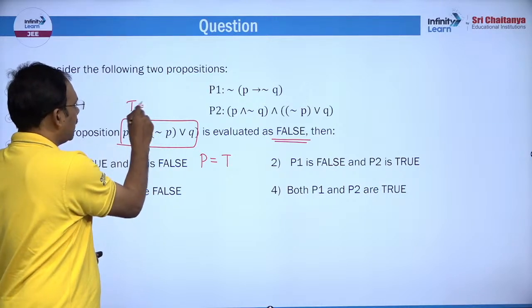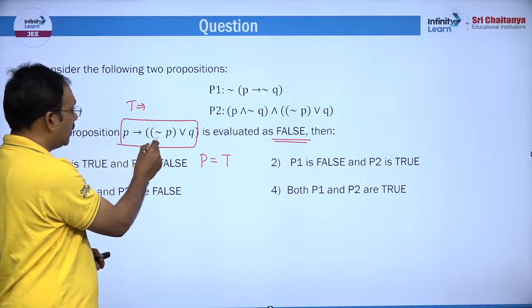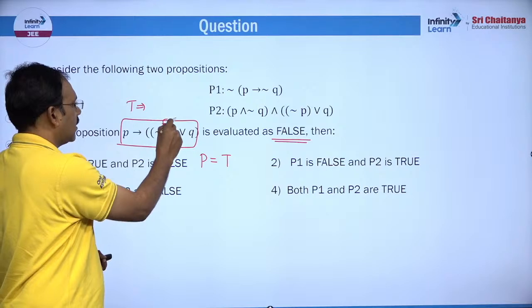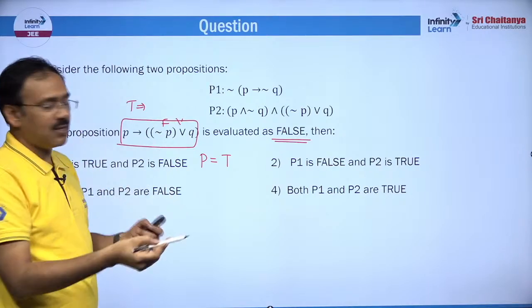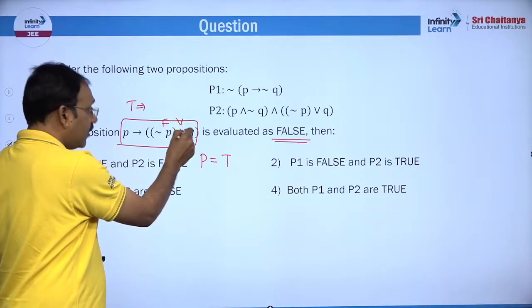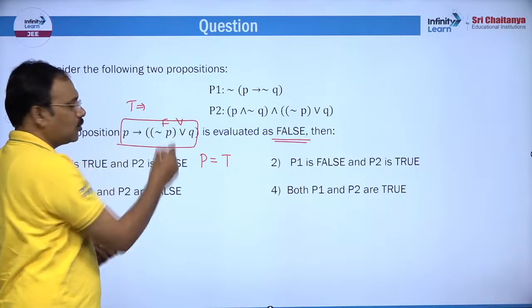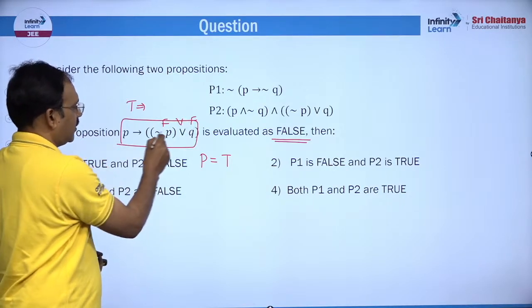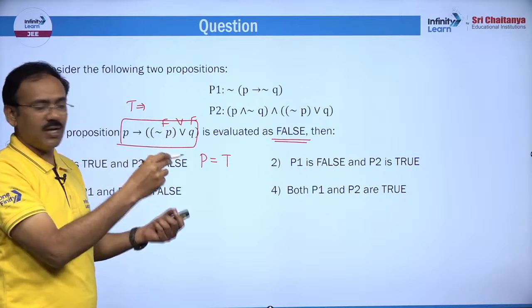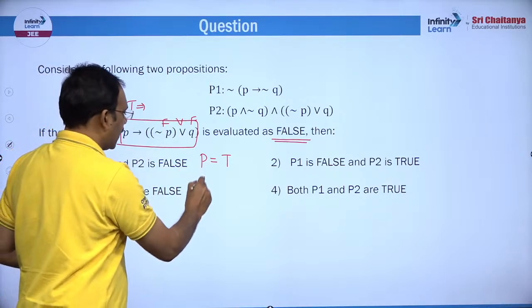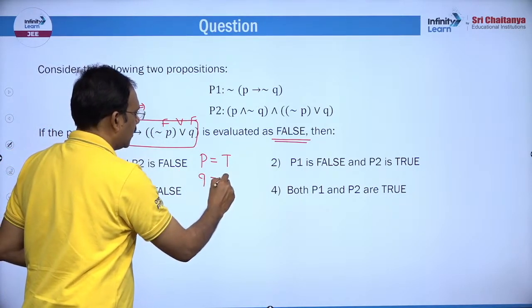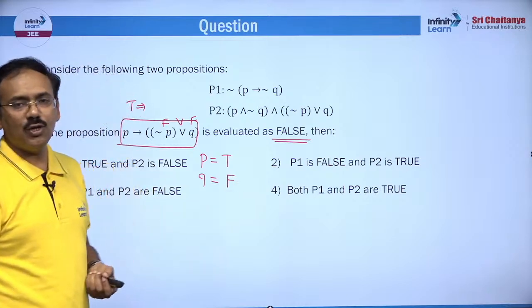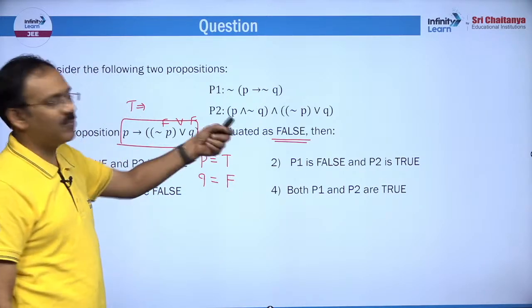True implies, you can just see this is false, or what should be there to get false. If it is true, this totally true, true implies true is true. So, Q must also be false, friends, so that this is false, true implies false is false. So, from the given statement we got P should be true and Q must be false, then only this becomes false.